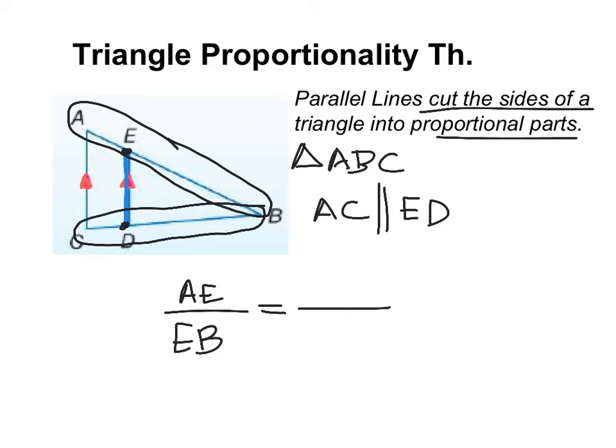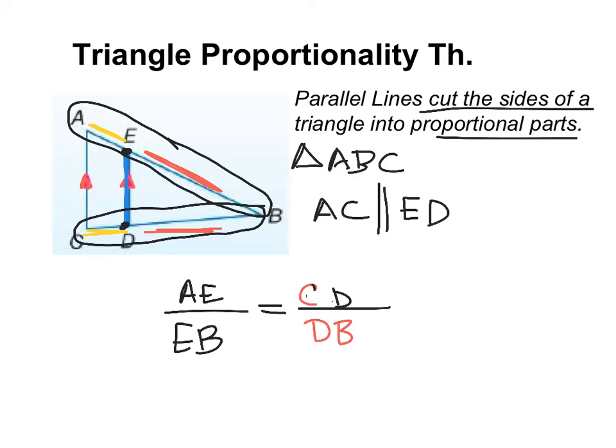So AE is across from CD, and EB is across from DB. Just going to fix my C there.